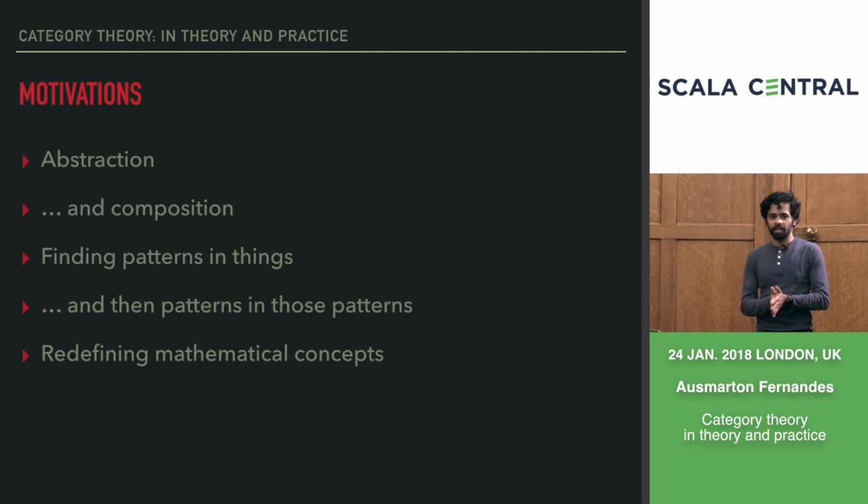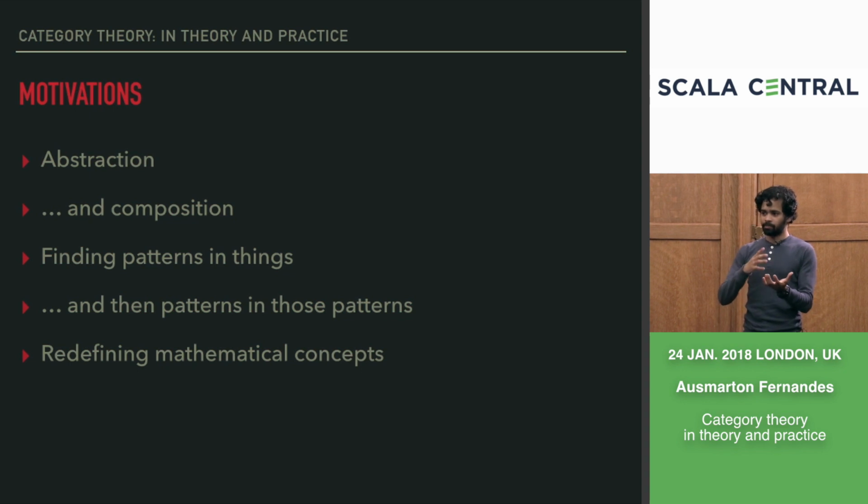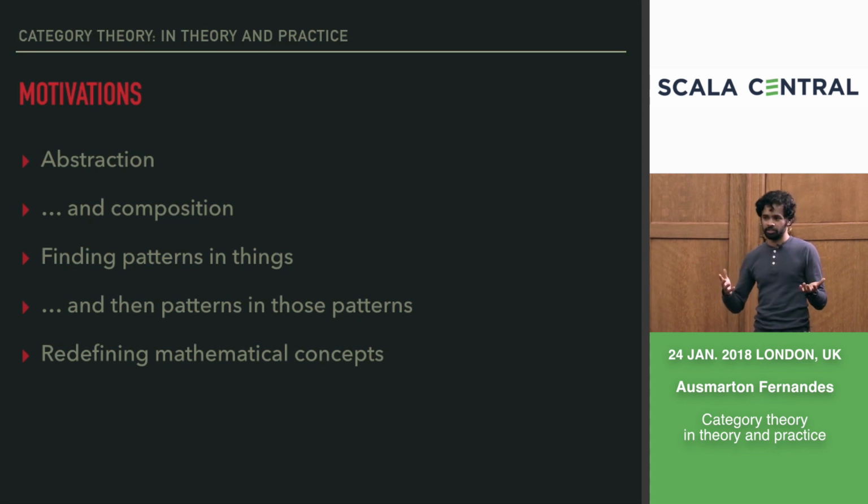So yeah, why category theory? One of the things that category theory tries to do is create abstractions in various parts of mathematics, like set theory, group theory, and topologies, and find patterns in there.